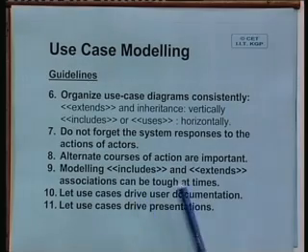Then modeling includes and extends associations can be tough at times. This is an important observation. Sometimes, just for finding whether it is includes or extends, is it a type or is it not a type, the example basically says that in real life, many situations may arise where people, instead of going ahead with the analysis and design, are simply fighting over whether there should be more than one extent, whether the extent should have 3 elements or 4 elements or 2 elements.